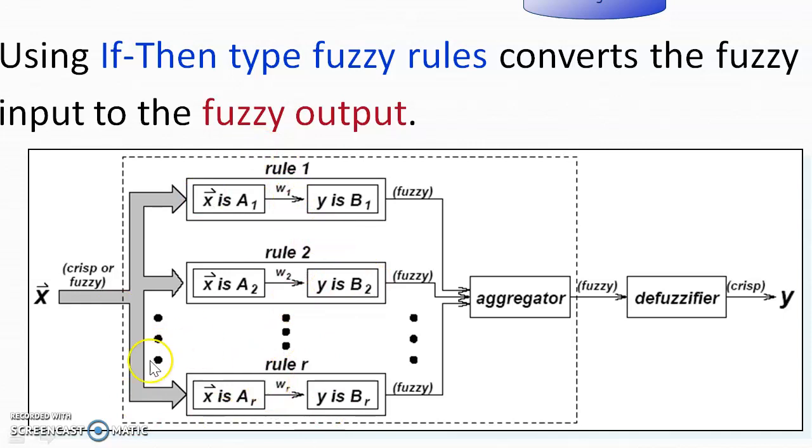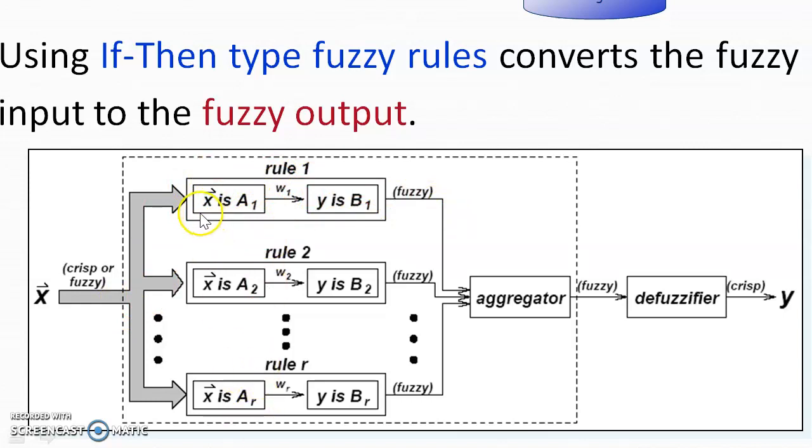Here you can see that it will get either a crisp or a fuzzy input. Crisp means there is no fuzzifier building block, and if there is a fuzzifier building block, the inference engine will automatically get fuzzy input and work on these R rules.